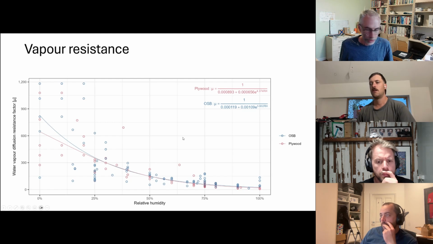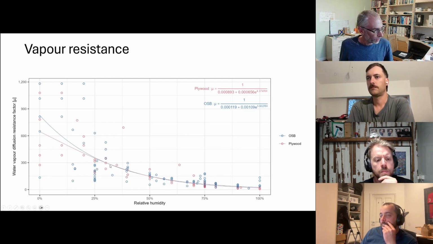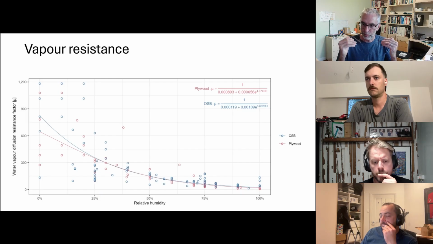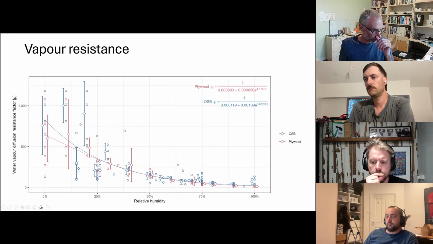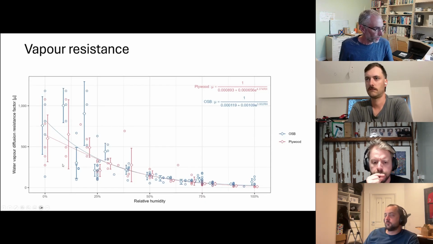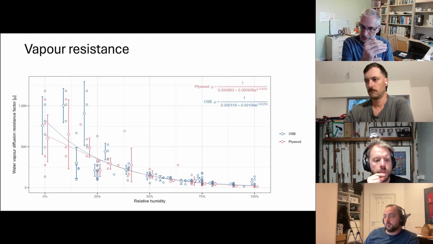If we try and do a curve fit to these, we tend to find that the Ply is generally less vapor resistive, so more vapor permeable, at all relative humidities than the OSB samples. Now, a better way perhaps to visualize that is within each cluster of relative humidities, I can look at the averages. So the diamonds here are the averages within each group, and the lines running off from those diamonds are the error bars.